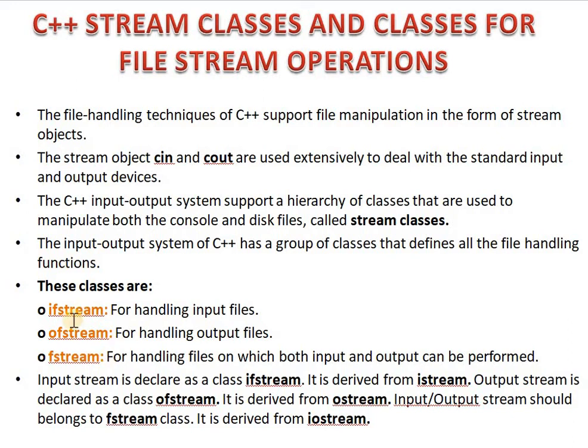What is an ifstream? This stream class defines the input file stream and is applied for reading the contents of the file. Next, ofstream. This stream class defines the output file stream, and it is applied to create files for writing information to that particular file.